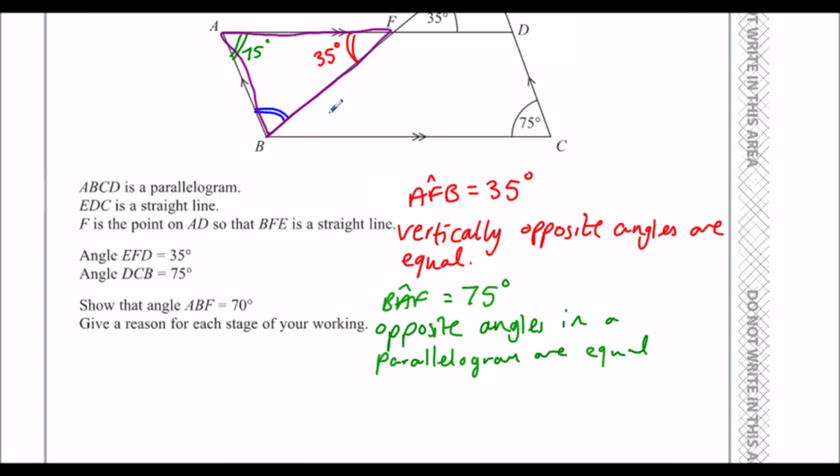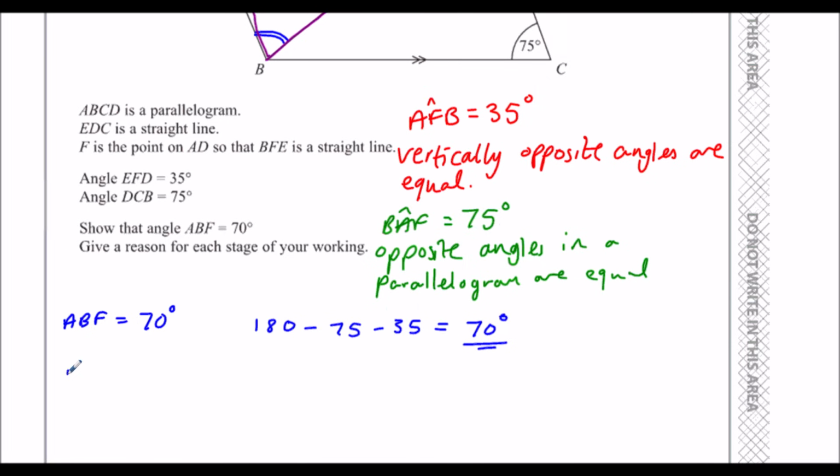So ABF, which is what we were working out, is equal to 70 degrees because 180 take away 75 and take away 35 is 70. And the reason we can do that is because angles in a triangle sum to 180 degrees.